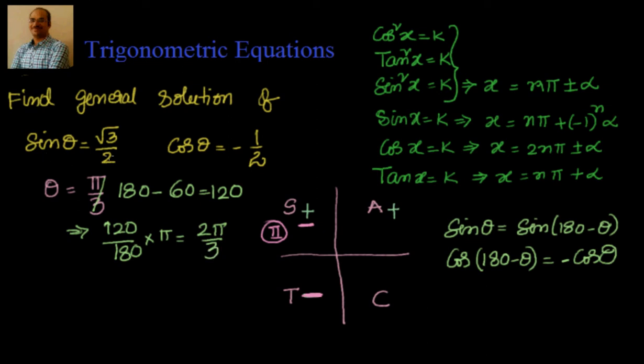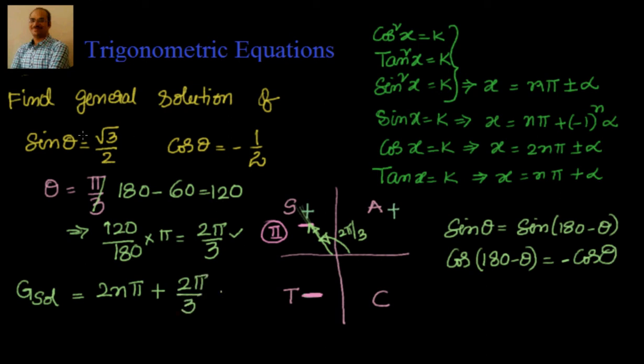Now, to satisfy both sin theta equal to root 3 by 2 and cos theta equal to minus 1 by 2, theta should be here and it should be equal to 2 pi by 3. 2 pi by 3 is the angle it's making. Since this is a periodic function, the same value will repeat for every 2 pi. That means the principal solution is 2 pi by 3 and the general solution is equal to 2n pi plus 2 pi by 3.